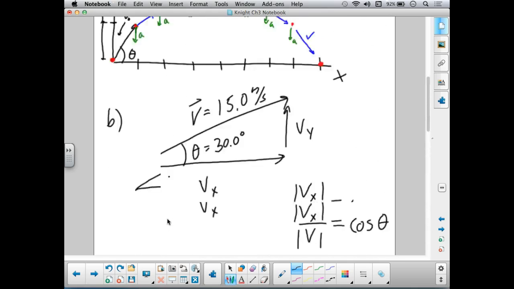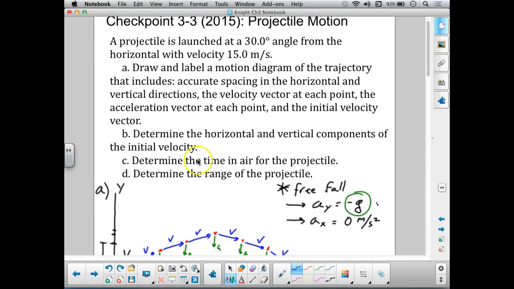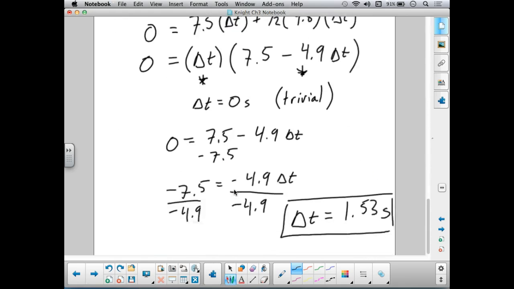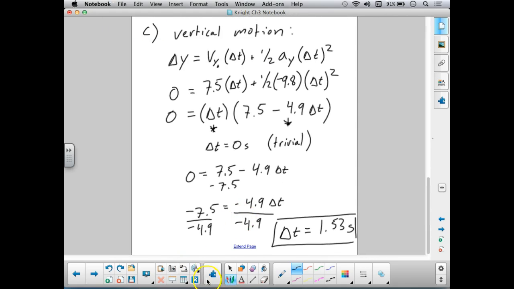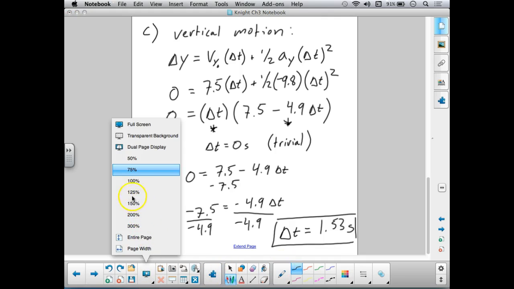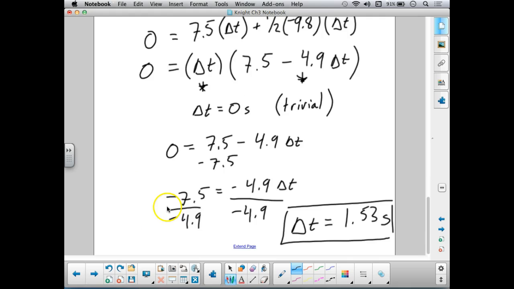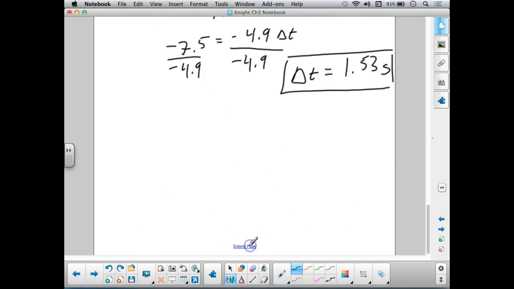Once we know part C, once we know the time in the air, then the range of the projectile becomes fairly straightforward to find out as well, because now all I need to do is switch to working in the horizontal direction.